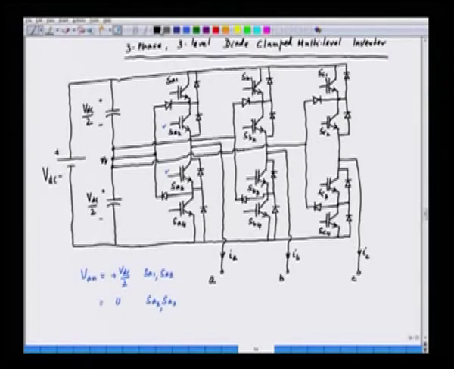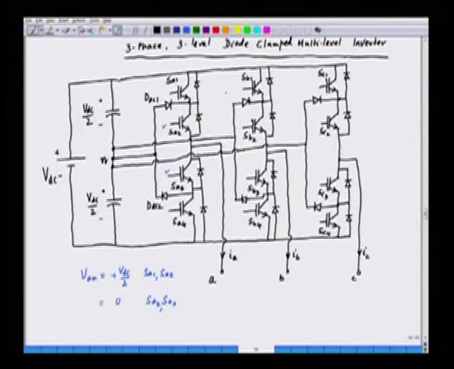So, we can call this clamping diode DAC1 and DAC2, the clamping diode 2.